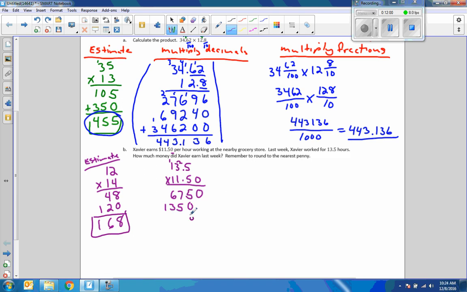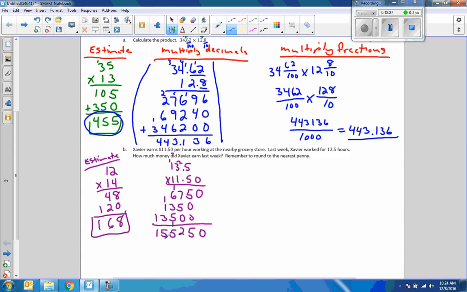Put another space. 1 times 5, 1 times 3, 1 times 1. Bring down this 0. 5 plus 0, 7 plus 5, 12. Carry the 1, 7, 10, 15. Carry the 1, 5. Bring down the 1. Okay. 3 decimal places.